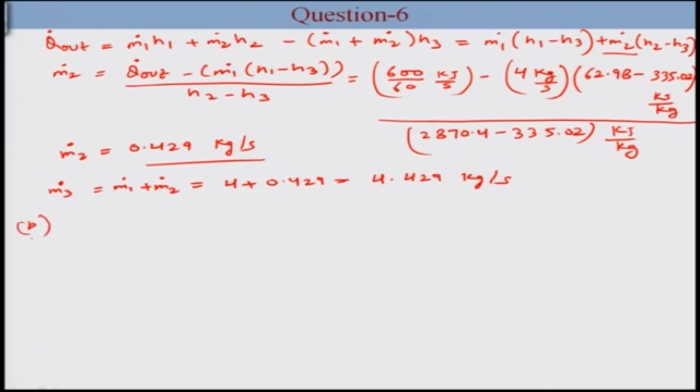So, in part B, the exergy destroyed during a process can be determined from the exergy balance or directly from its definition, that is exergy destroyed is equal to T0 S gen, which is the entropy generated. So this entropy generated can be determined from the entropy balance, on the system and its immediate surrounding.